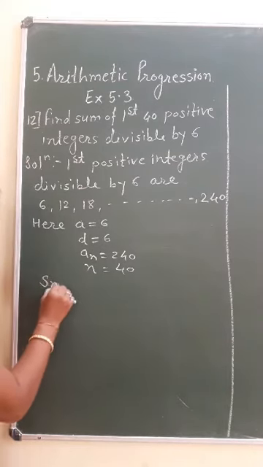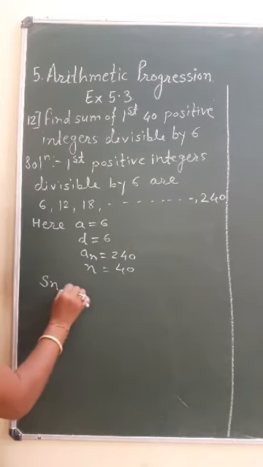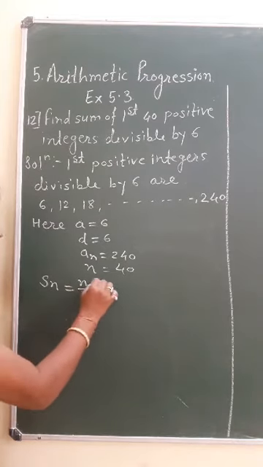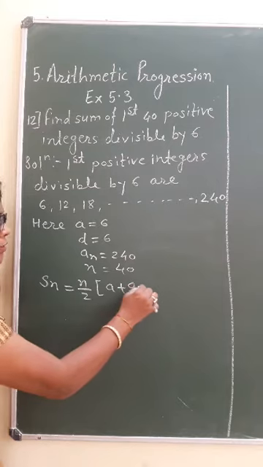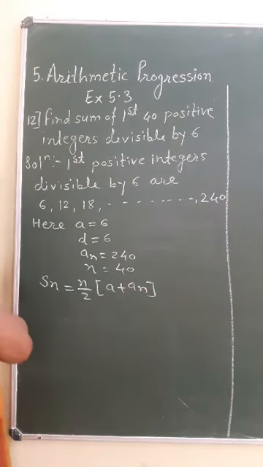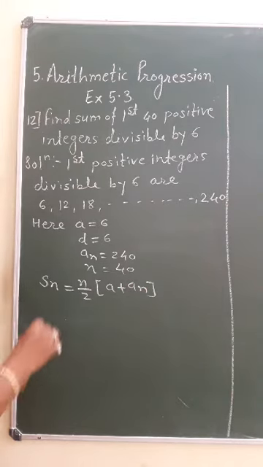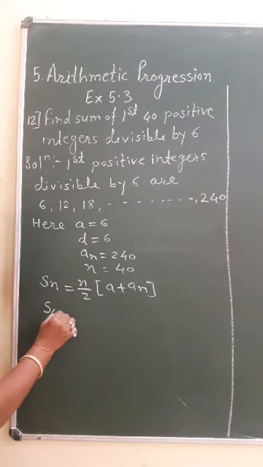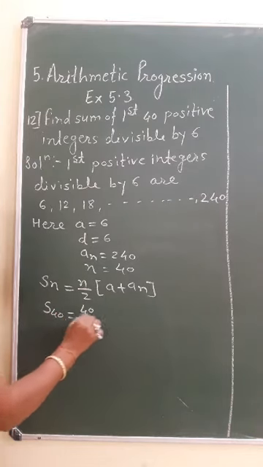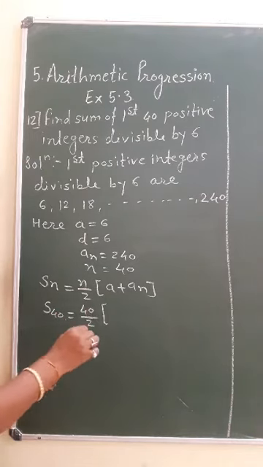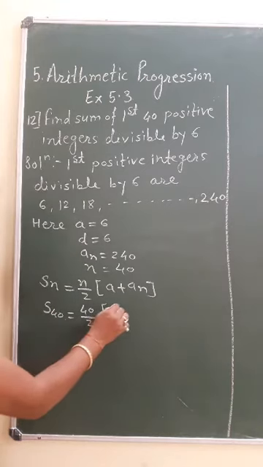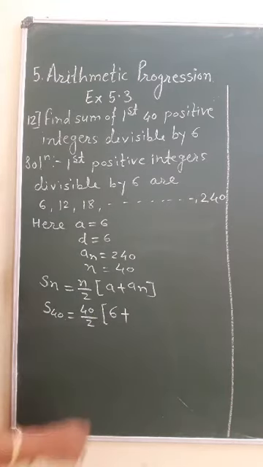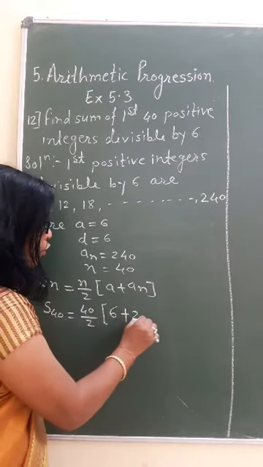So here we will use the formula Sn is equal to n by 2 in the bracket a plus an. Here n is 40, so 40 divided by 2 in the bracket. The first term we found is 6 and the last term is 240.